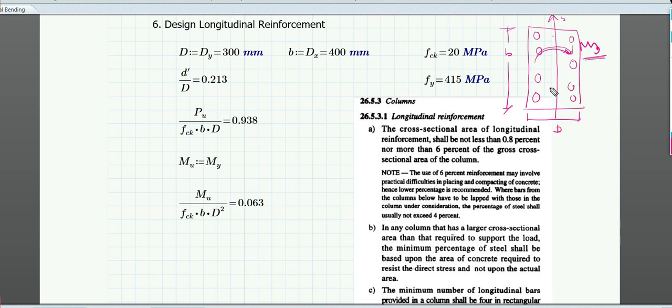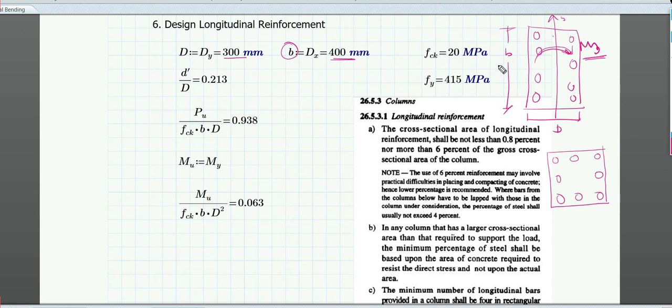That is why we have provided reinforcement on the other two sides only. If you have a pretty wide column, in that case we should distribute the reinforcement equally all along the sides, but as in this case it is not required, we are providing only on the two sides. It's your judgment. So here Dy is 300, Dx is 400, this is b. Now what is b?